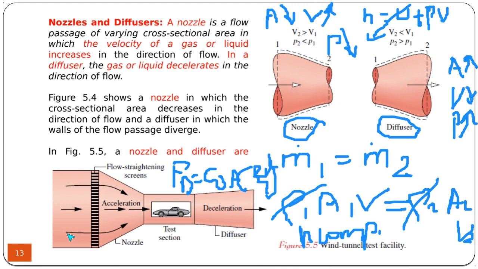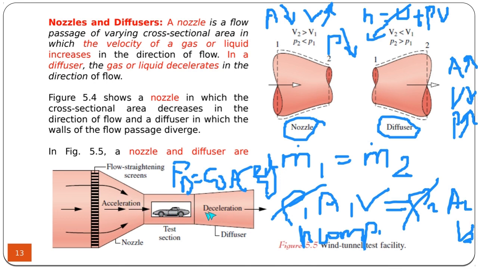So suppose that the velocity of the car on the road is, let's say, 100 kilometers per hour. It's approximately 27 meters per second. Because the fan cannot deliver 27 meters per second, by using a nozzle like this, we can accelerate the speed of the air to 27 meters per second.